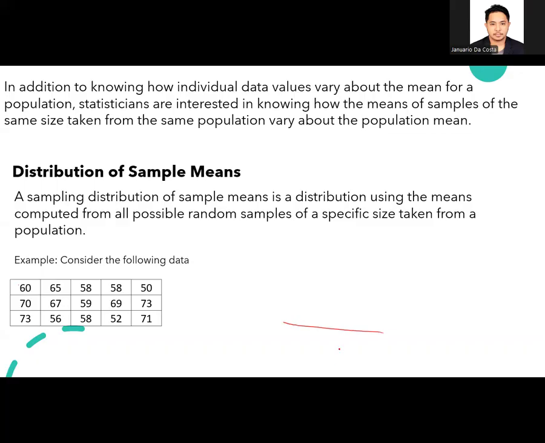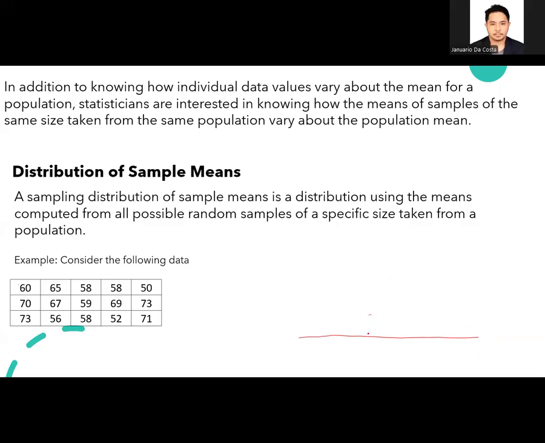Does anybody still remember? Standard deviation is the measure of what? The measure of the dispersion of a data set. Yes, dispersion of the data set.